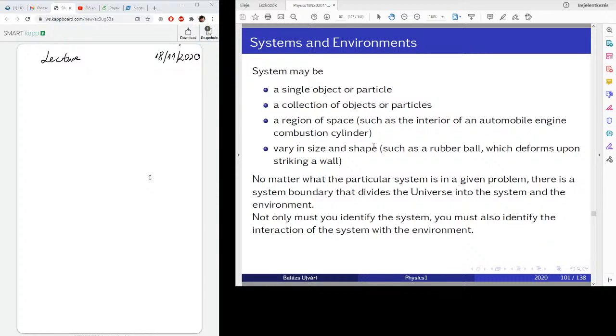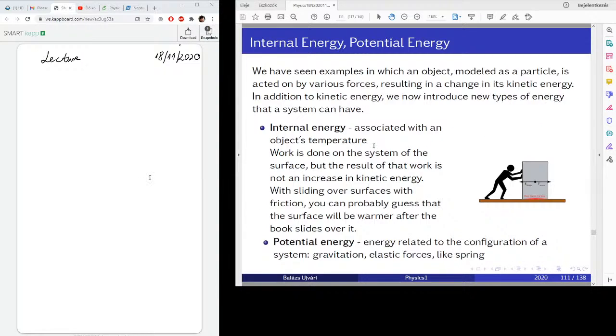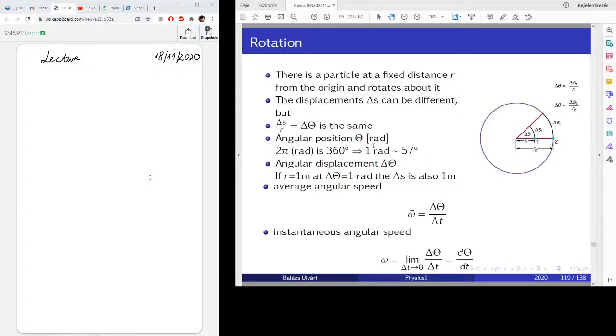Some example. Right now we skip the system and environment, we will do it later, and just go back to the circular motion, the rotation.